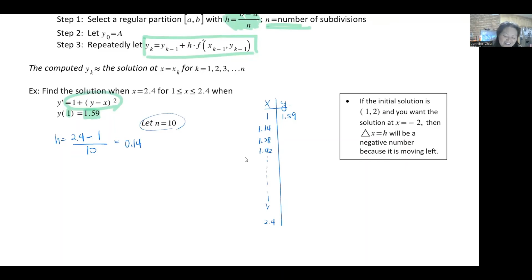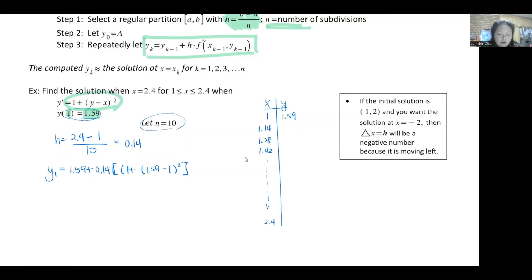Okay, here's your y sub 1. The first y is 1.59, so here's my first guess, my first solution to the equation. y sub 1 equals my old y, 1.59, plus my h of 0.14 times f prime of the old numbers. That means plug the old x and y into your derivative. My derivative is 1 plus, y, which is 1.59, minus 1, squared.